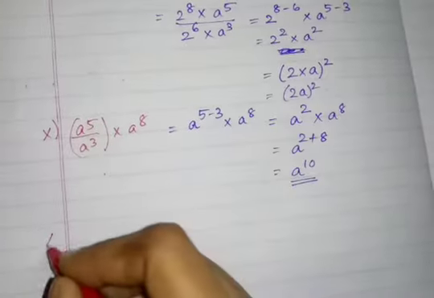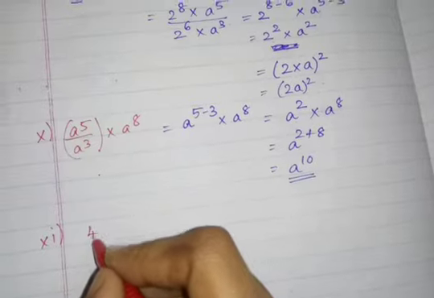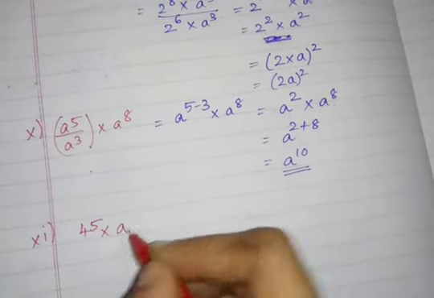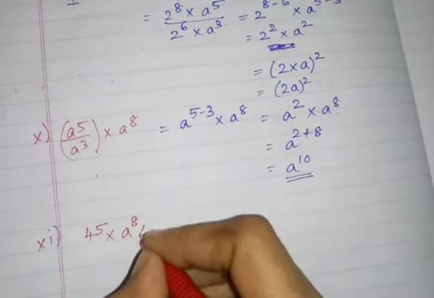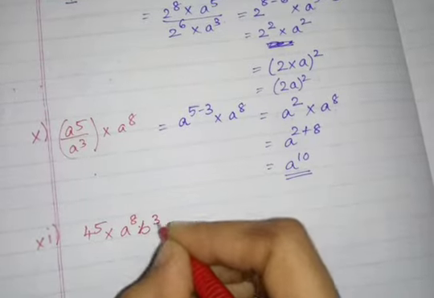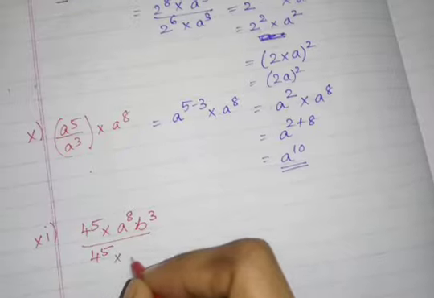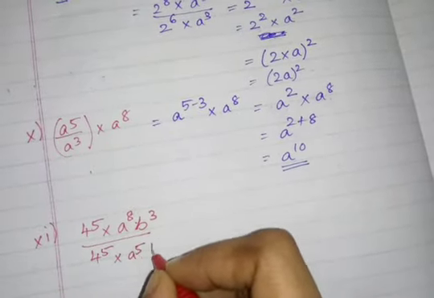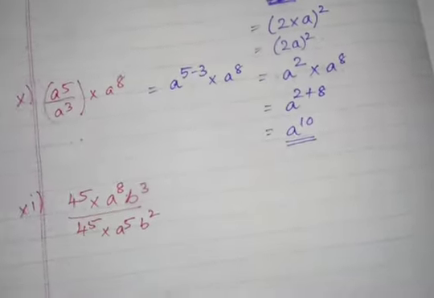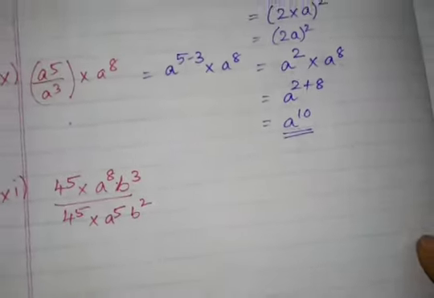Okay, next is your 9th problem. 4 power 5 into a power 8 b cube divided by 4 power 5 into a power 5 into b square. Now it's very easy.